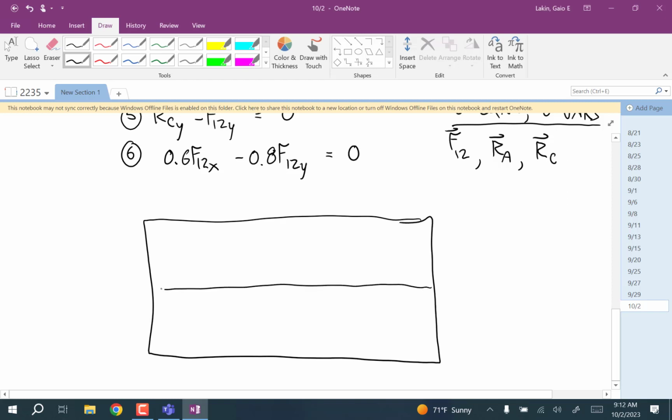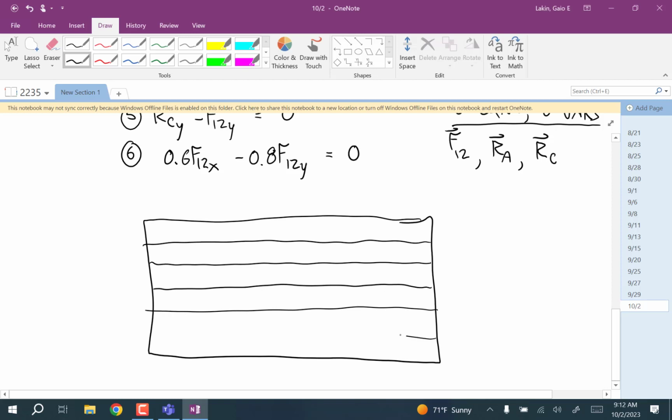So we have 6 equations. We need 6 rows. And we have 6 variables plus a constant.